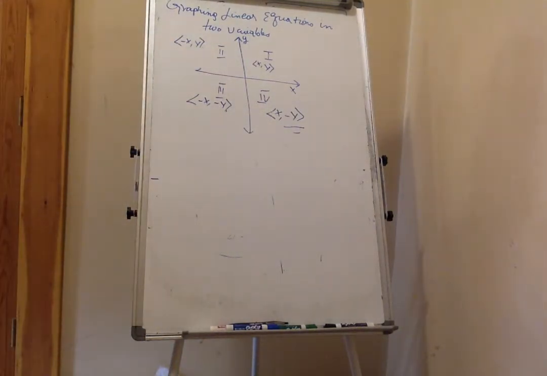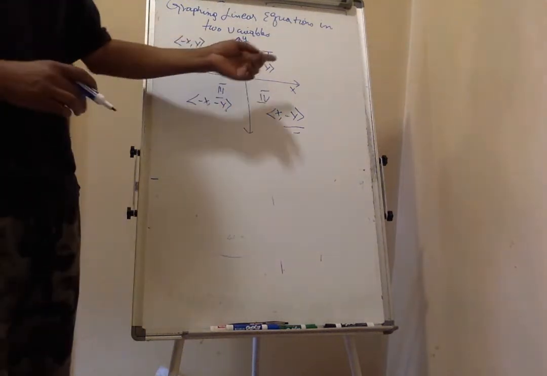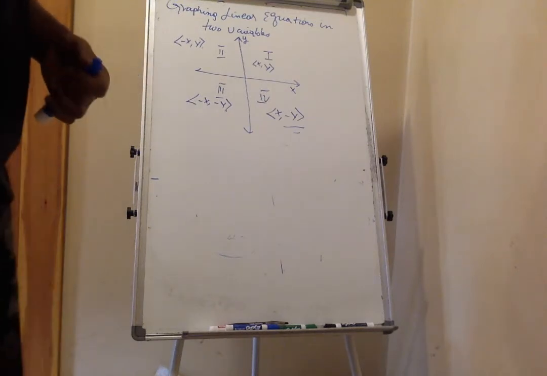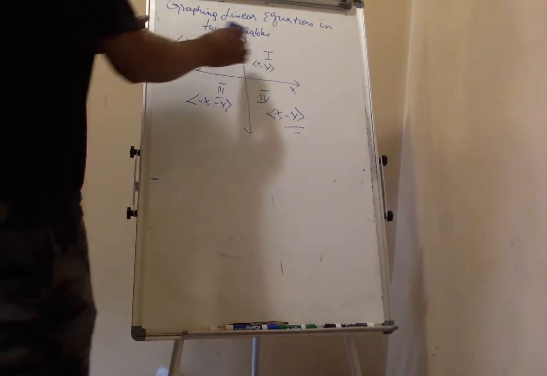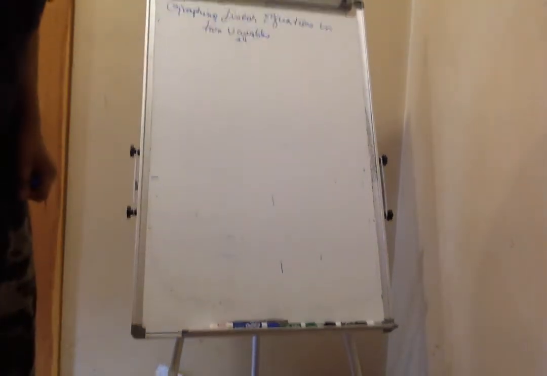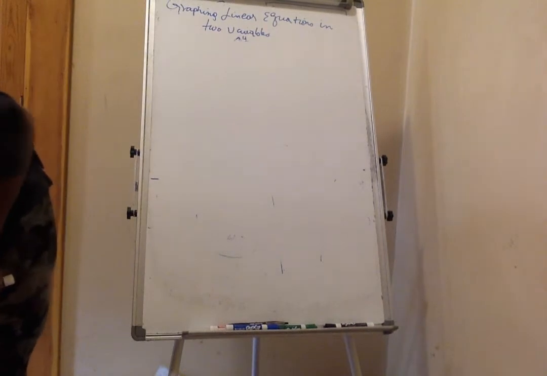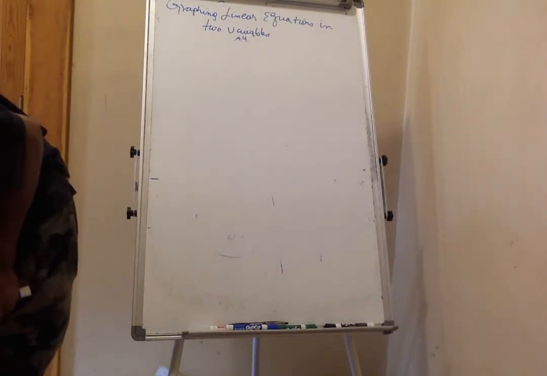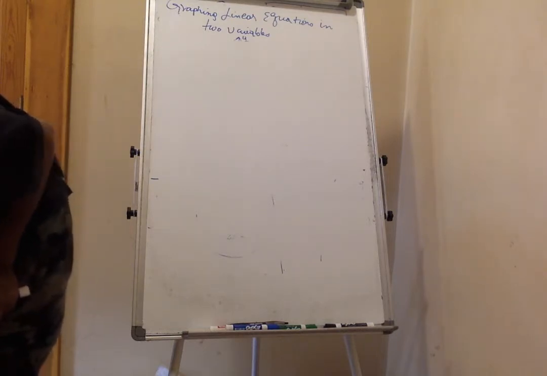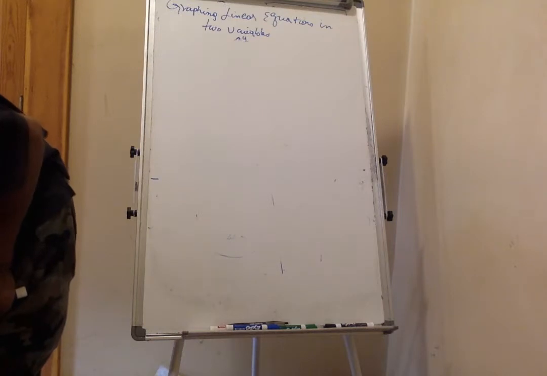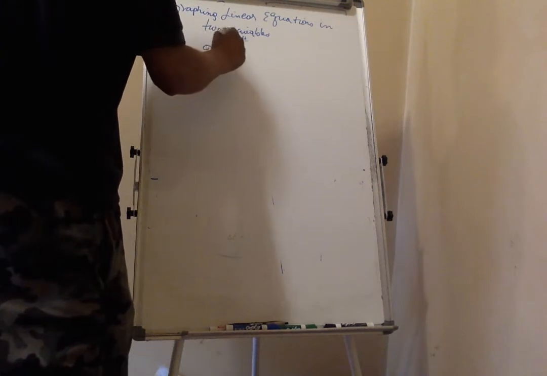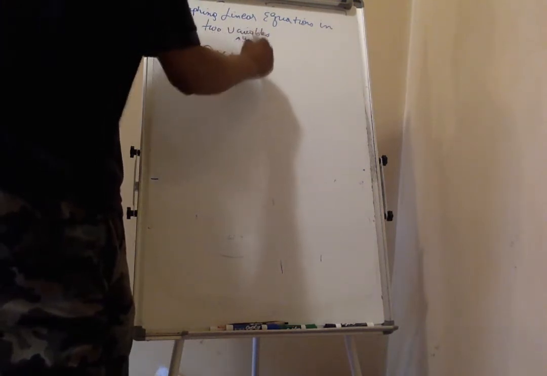So this is what we call the ordered pair. The value of x comes first, the value of y comes second. So we're going to do some graphing having this concept in mind. I'm going to start with an equation. Let's say you are asked to graph 2x plus 3y is equal to 6.